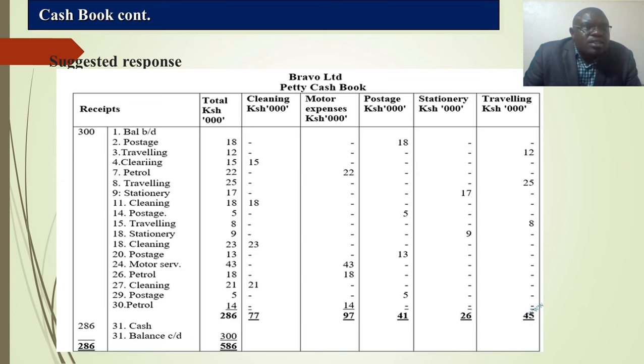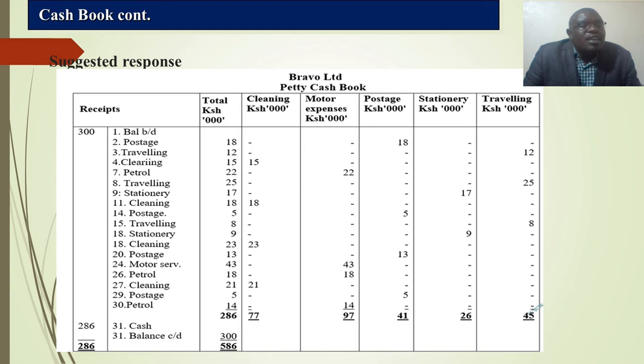So at 31st or at the end of the month, you need to balance that account. So the balance carried down. So if you found the total as 286,000 and you are given 300,000, definitely there is some balance you are remaining with as a petty cashier.